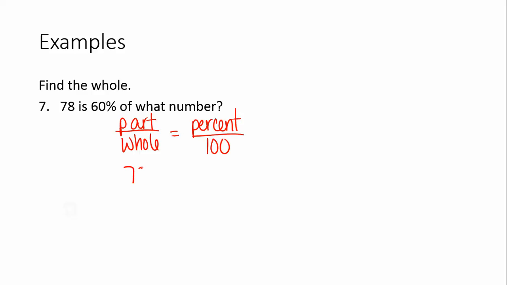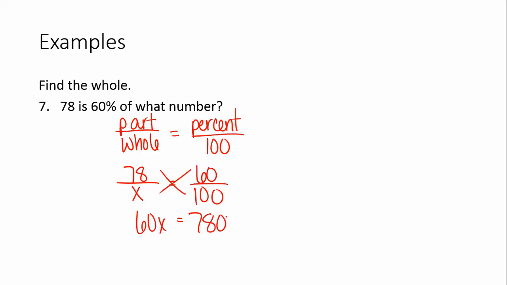So we have, 78 is 60% of what number? So we're trying to find the whole. We cross multiply: 60x equals 7,800. Divide both sides by 60. And we get that x equals 130. That means that 78 is 60% of 130.